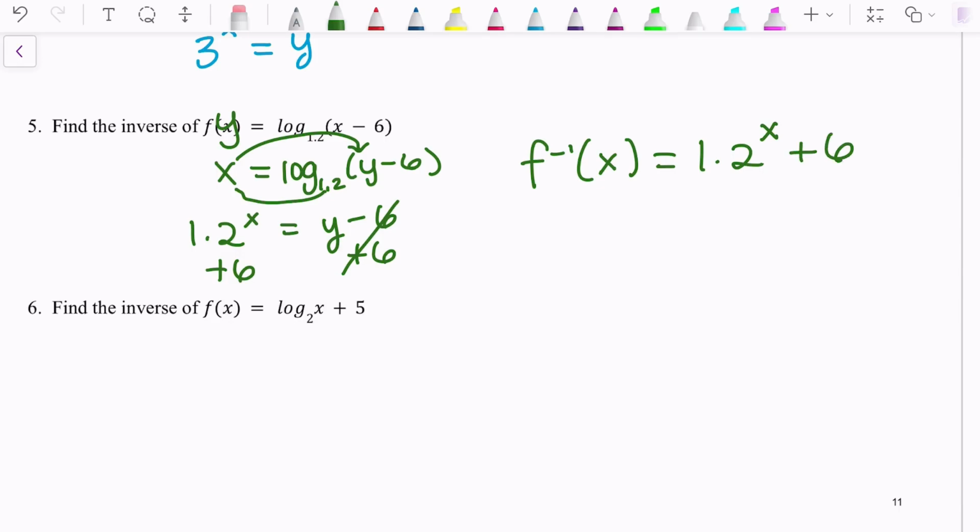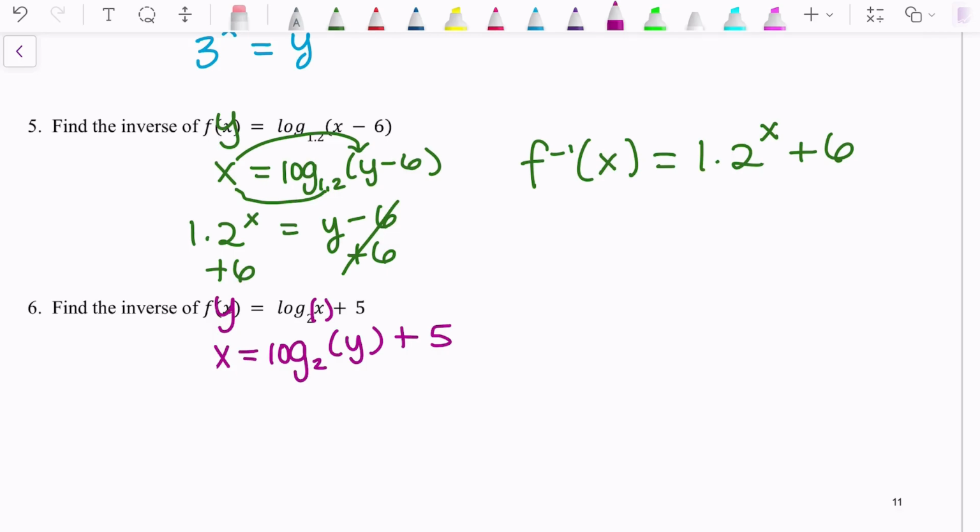All right, one more example. I have y equals log base 2 of x plus 5. When there's no parentheses, this is what's on the inside of your log and the plus 5 is on the outside. So I'm going to switch x and y. Unless they give you parentheses, you can assume just the thing next to the log base is part of your log and everything else is on the outside.